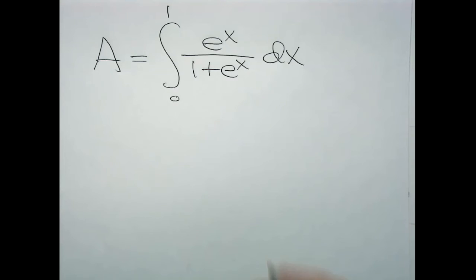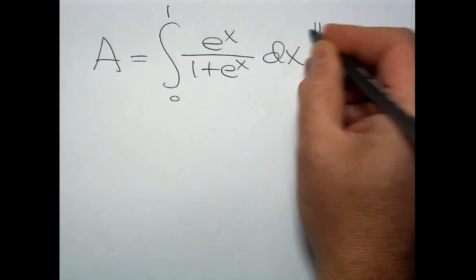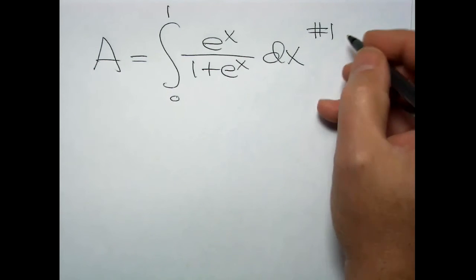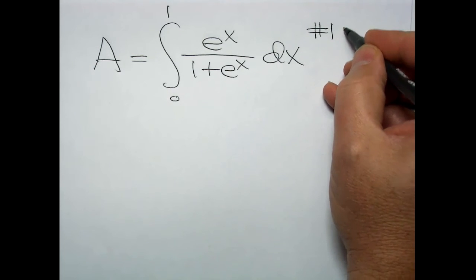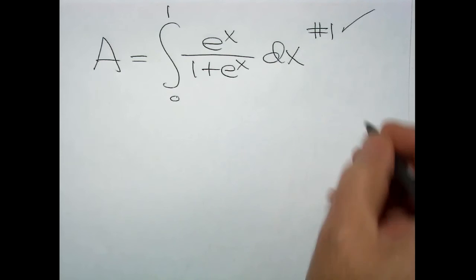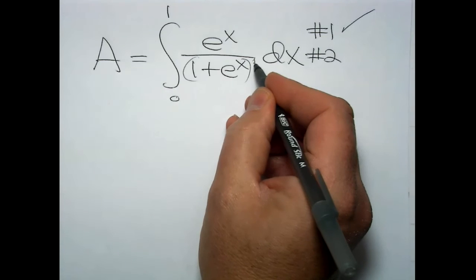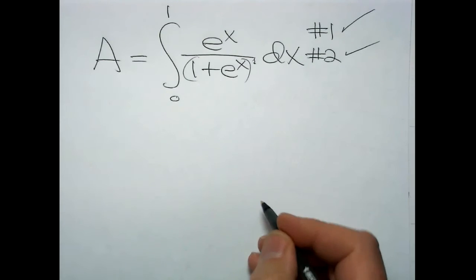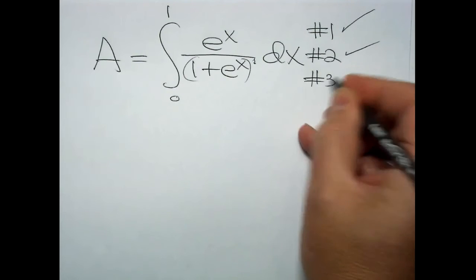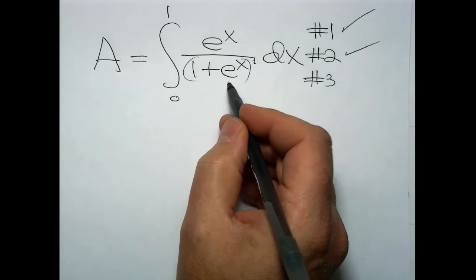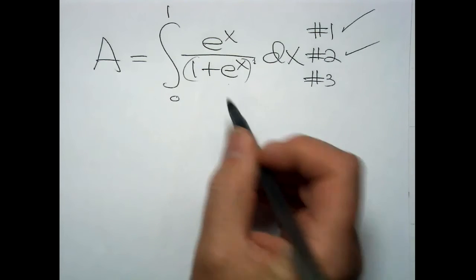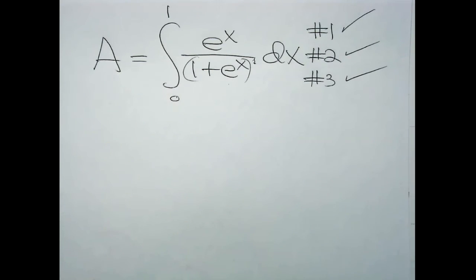First thing I see is number 1 on the 3-step checklist. Am I trying to integrate a fraction? I sure am. Number 2 on the 3-step checklist, is the denominator to the 1 power? Sure is. Number 3, does the derivative of the bottom live on the top? It sure does.